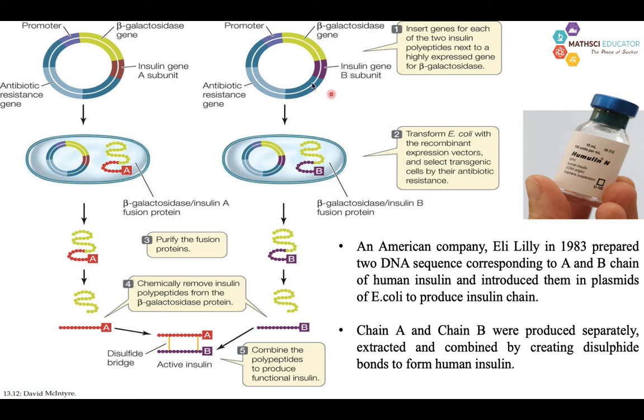Then they transfer the plasmids that produce the A subunit and B subunit into different E. coli cells, that is, transform the E. coli with a recombinant expression vector, and select the transgenic cells by their antibiotic resistance, which we already learned in the previous chapter. कि हम इसका स्क्रीनिंग किस तरह से करेंगे, by using the antibiotic resistance gene.